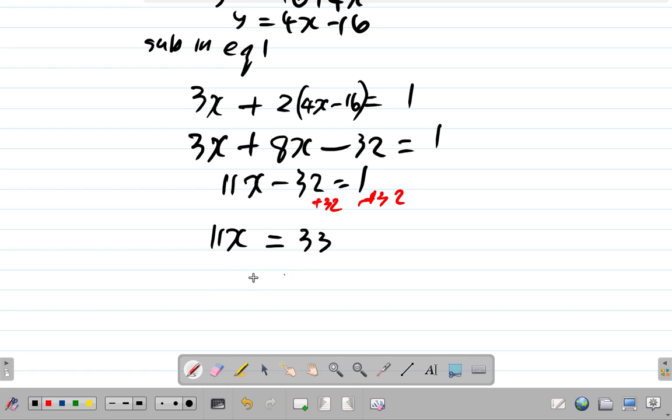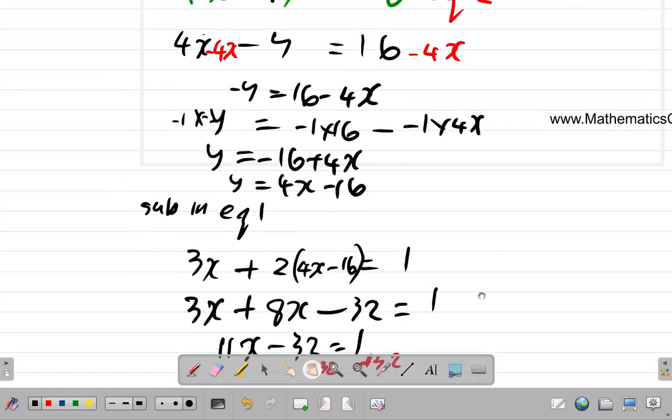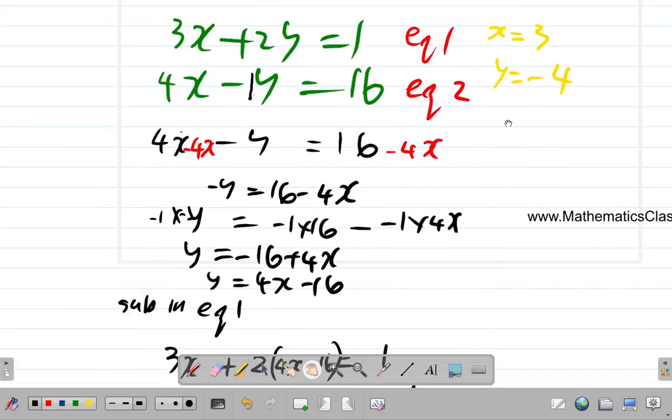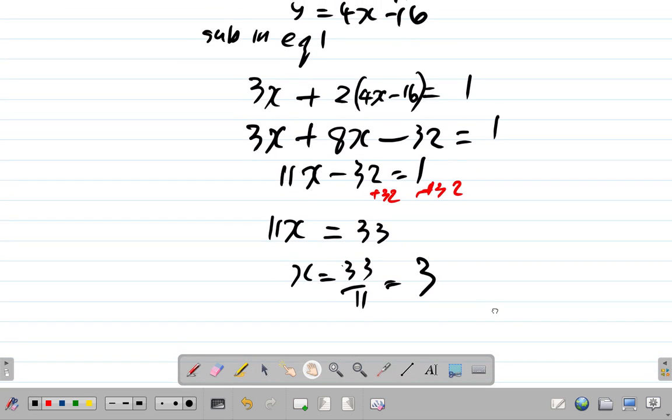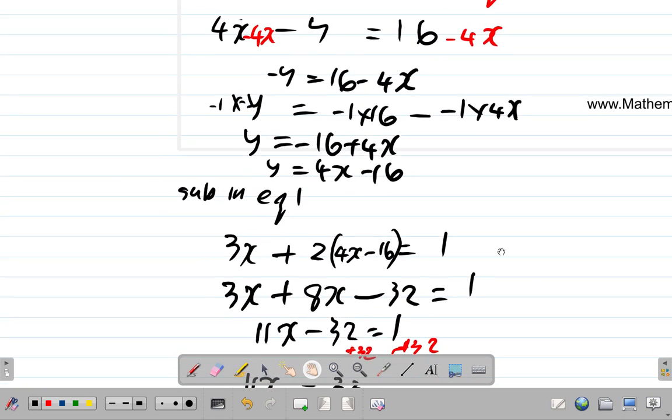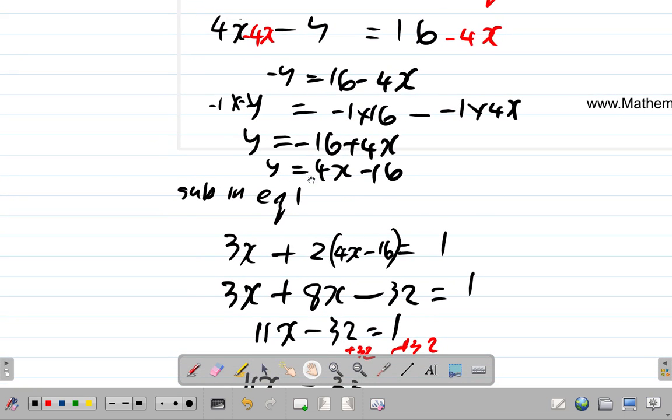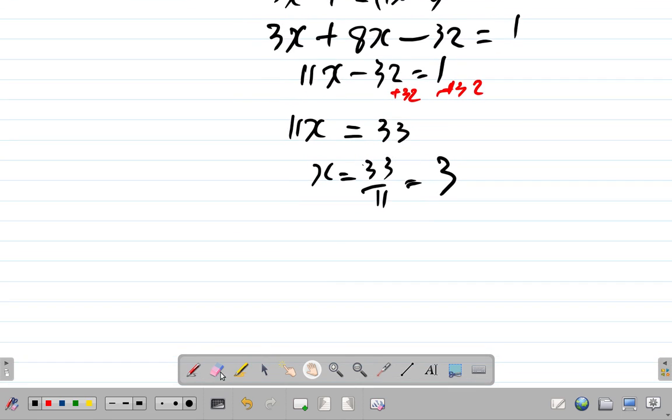So when you divide, 11 times x is 33. x is 33 divided by 11, which is 3. Is that what you got for x? x is 3. What about y now? Since we know x is 3, we already know that y is 4x minus 16.